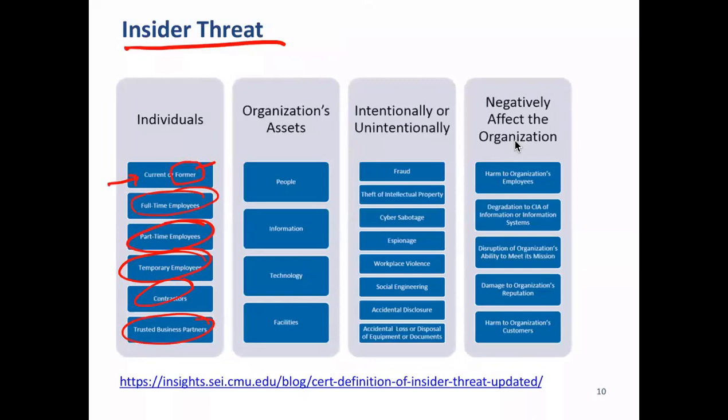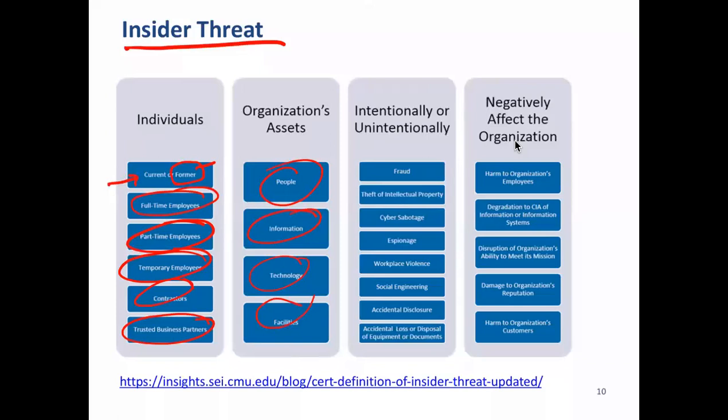Okay, and any organization has assets like information technology, facilities, even people are the biggest asset, right? And as simple as that, a person in a company passes on all colleagues' information to a competing company, that itself is a fraud.